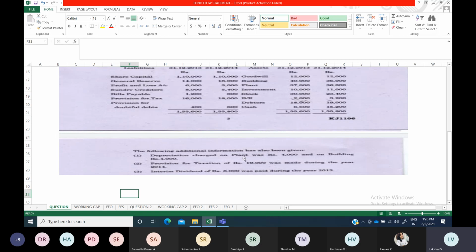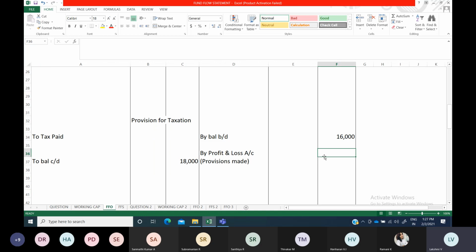So this 19,000 I have to take here only, because it was the provision for taxation created for that year. So provision made by profit and loss account, 19,000.